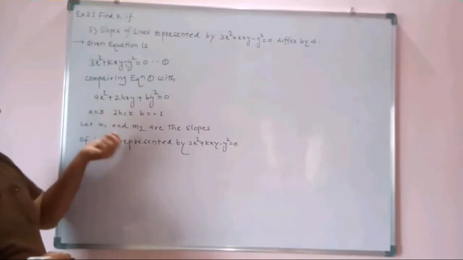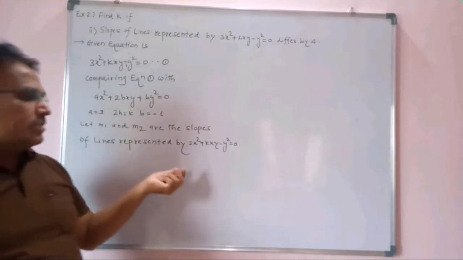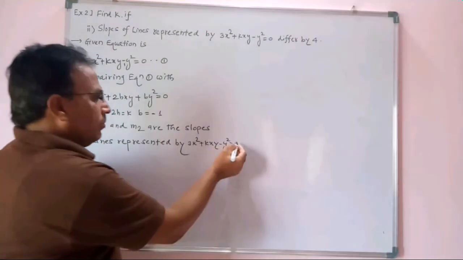The first slope is m1, the second slope is m2.